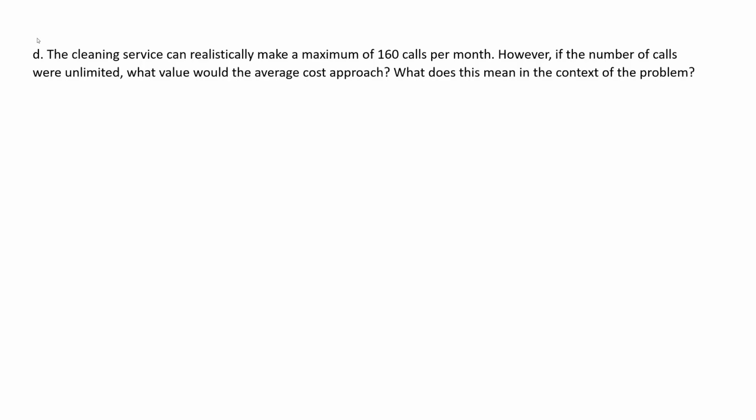However, if the number of calls were unlimited, what value would the average cost approach? What does this mean in the context of the problem? So you've got your C bar of X is equal to 40X plus 300 over X. And this is a rational function. And you can see that the value of the function, as X gets very large, the numerator and denominator are both linear.